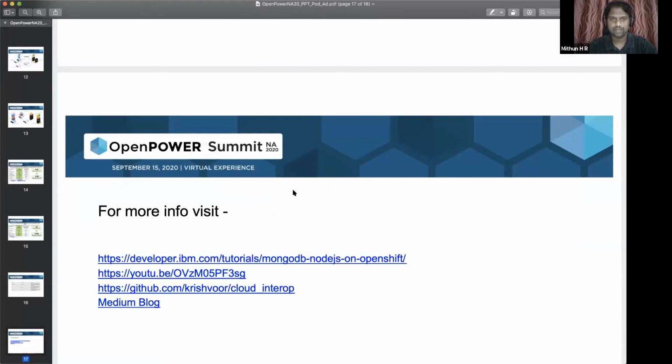One: is there a plan to upgrade to OpenShift 4.5 to see if it makes any difference? Harsha, do you want to answer? Yeah. OpenShift 4.x is really different in architecture compared to OpenShift version 3.